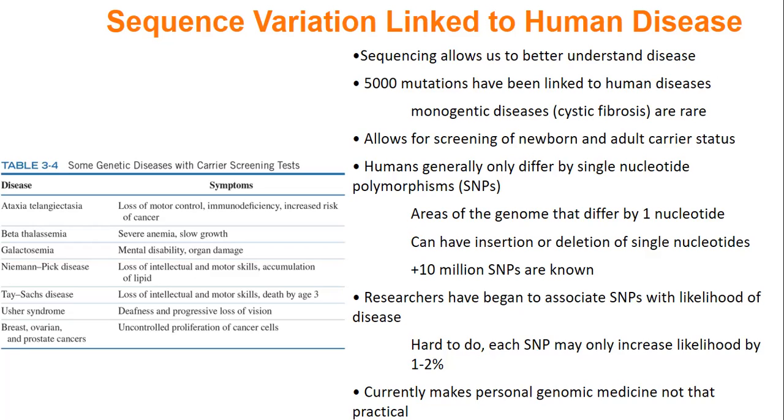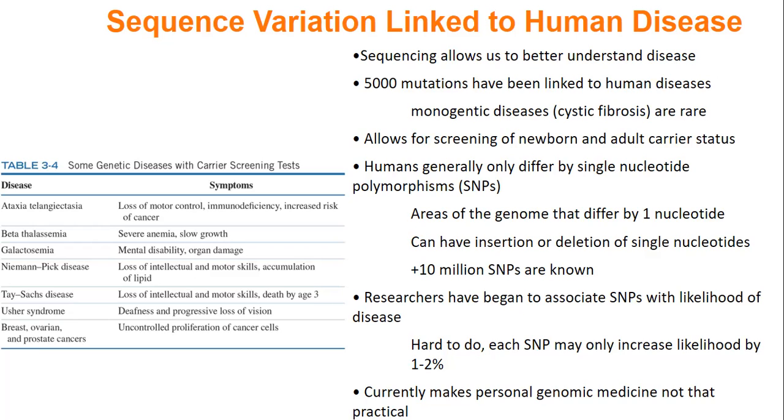So when you compare genomes of different humans, if you just take a stranger and compare your genome to theirs, one nucleotide out of every 1,000 or 10,000 is going to be different. So not that big of a difference, but those are called SNPs. Right now, through our looking at humans' genomes, there are about 10 million SNPs that are known. There's probably a lot more out there.